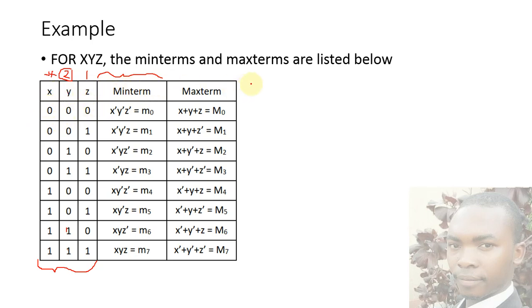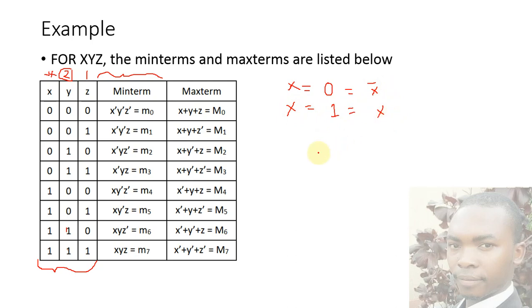So wherever x is equal to 0, that means we have not x, and where x is equal to 1, that means we have x. So this is a negation. Where there is x equal to 0, it is a not x, and where x is 1, this is an x.